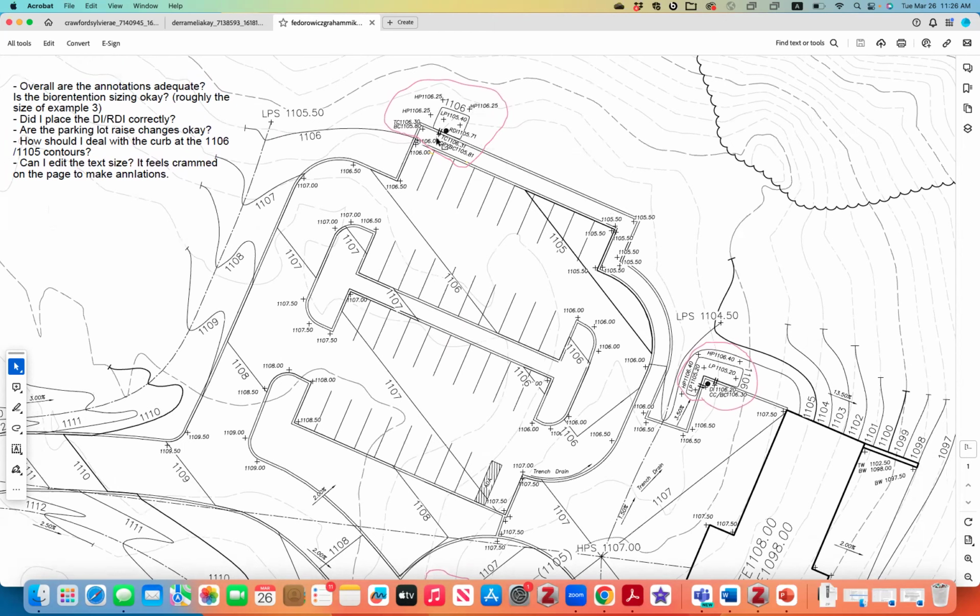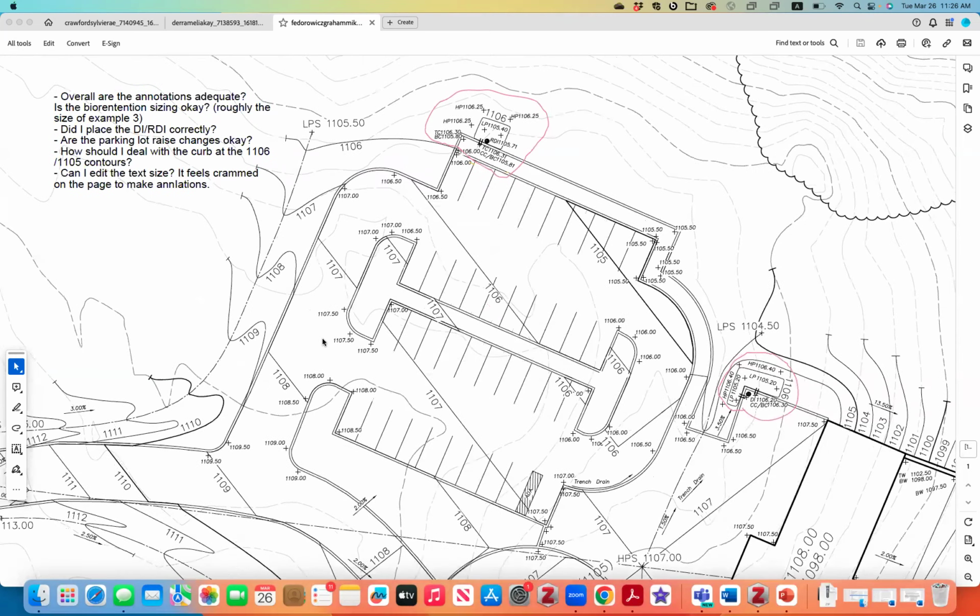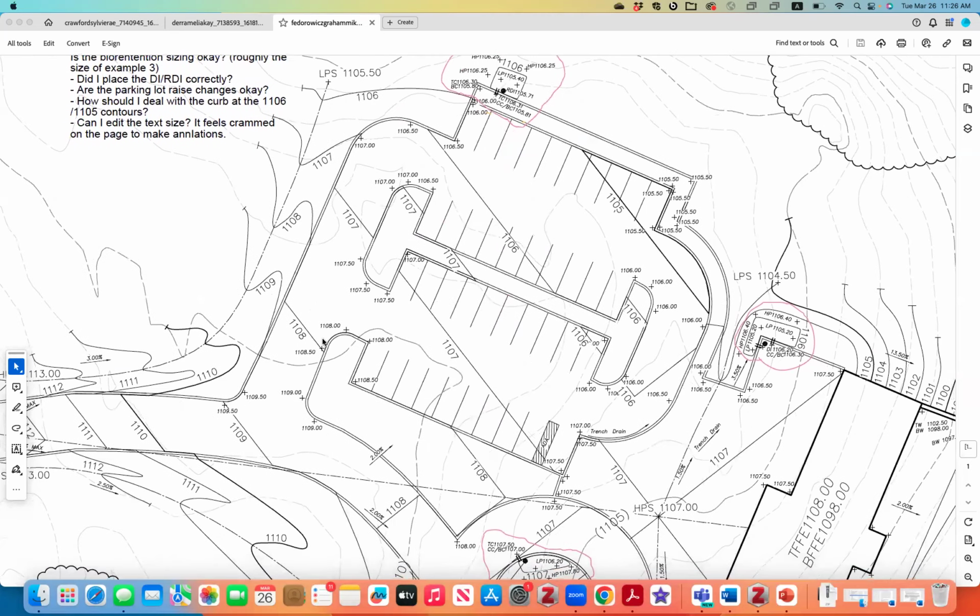So for this one, you actually have the BTD, bottom of the trench drain. That's how you indicate the entrance of the water flow for this one. The other ones, I think, are adequate in terms of retention labeling. We'll need to look at where the PI and an RDI are.